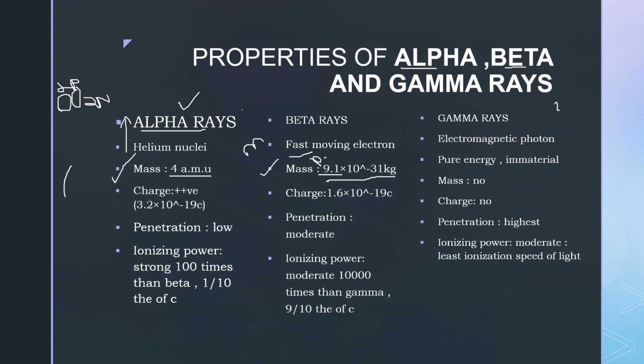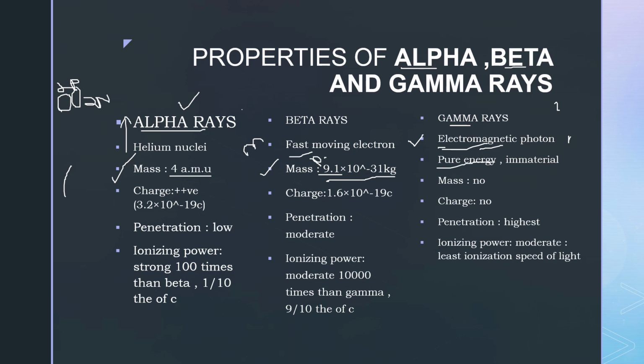Third one, let me tell you first what gamma rays are. The gamma rays are electromagnetic photons. They are not attracted either by the magnetic pole or by the electric pole. That's why it is called an electromagnetic photon. It is the purest form of energy.